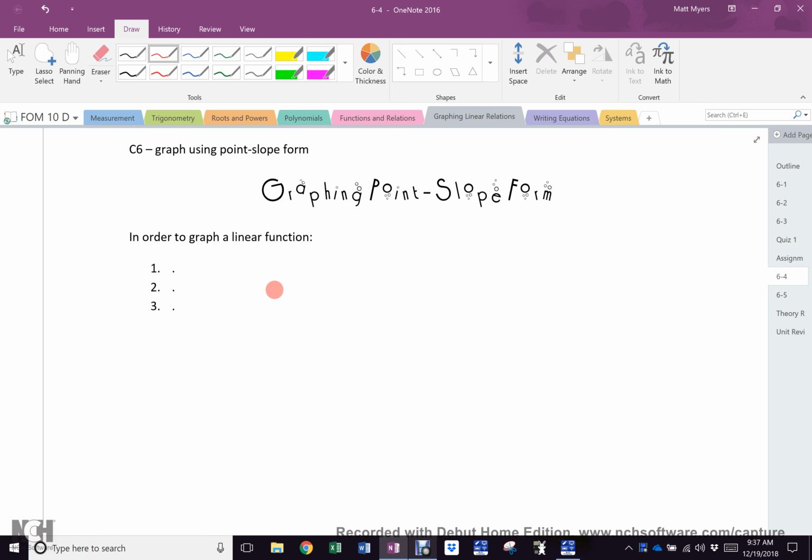To put a linear function on a graph, the very first section of this unit. Function notation? No. Never mind. I got you. X and Y intercepts.